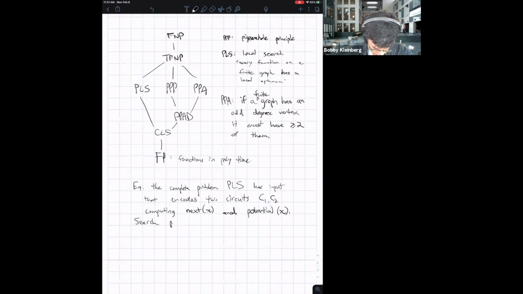And the search problem is: find an X such that potential of X is less than or equal to potential of next of X.